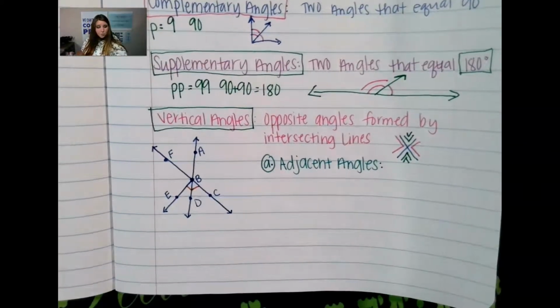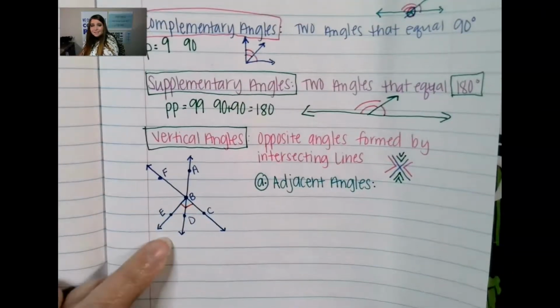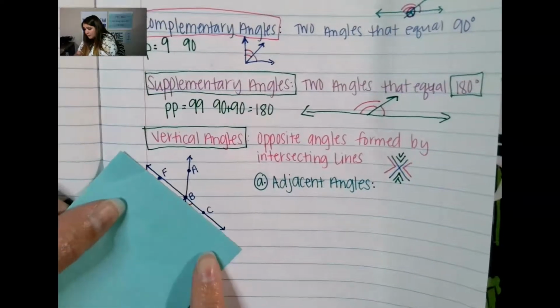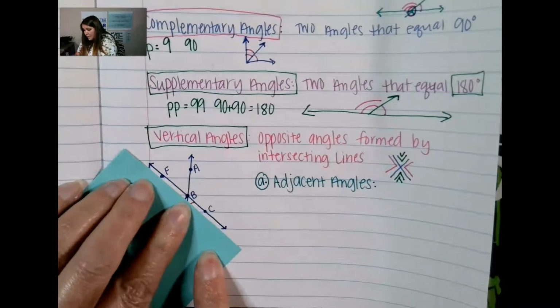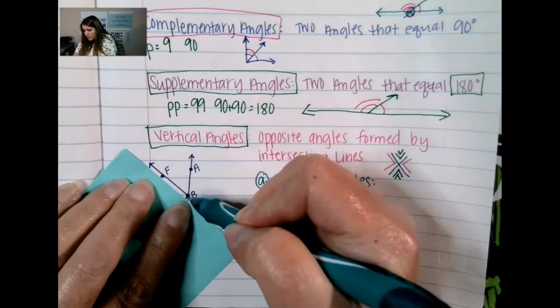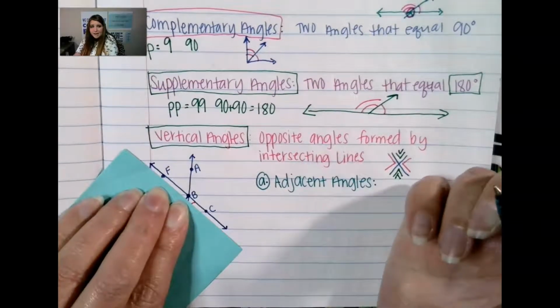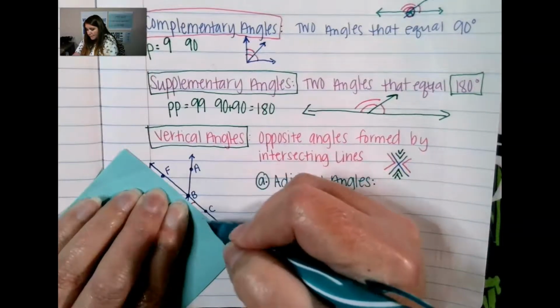When I am working with shapes that look like this, I like to take a scrap of paper or a Post-it note if you have one, and I like to cover things up because this is really confusing for me to look at. So I cover this up and I look for a shape that has a common side and a shared vertex. So the adjacent angles here are angle ABC.